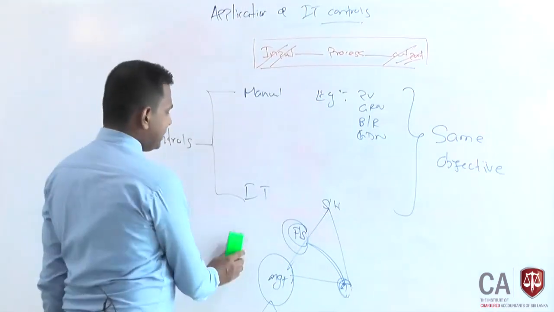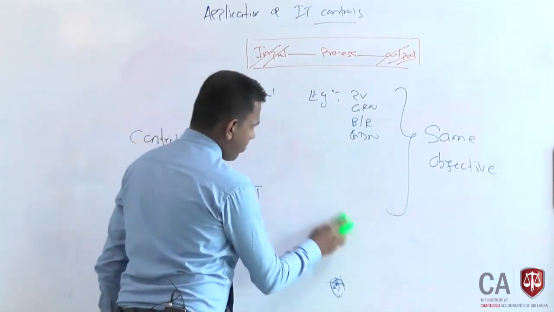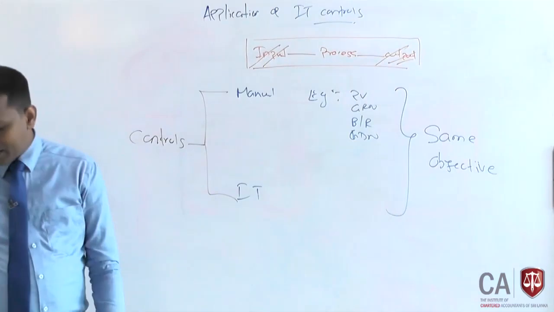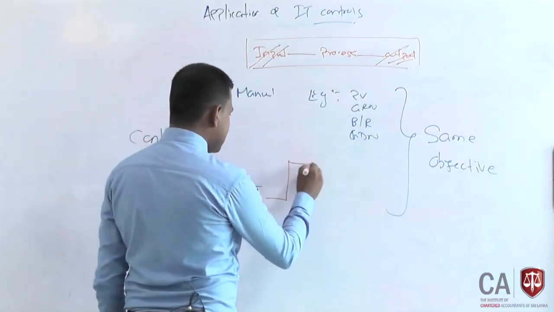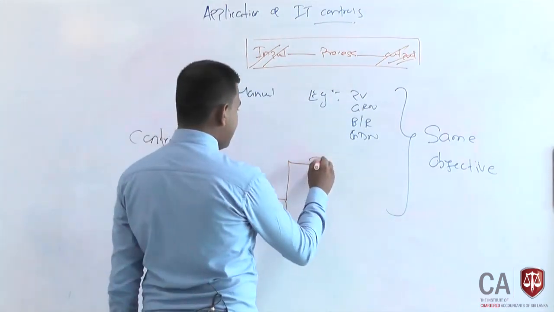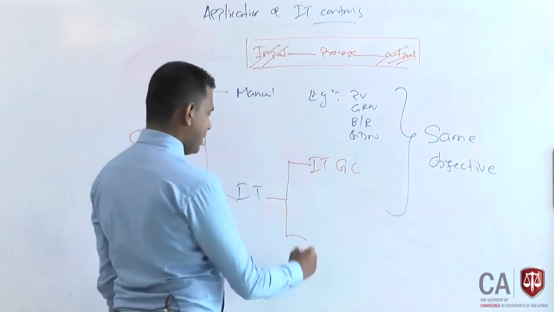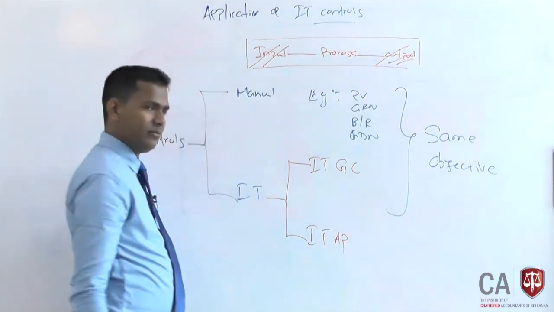And the next thing, when it comes to IT control, we need to have a basic understanding that there are 2 types of IT control. One is information technology general control, the other is information technology application control.